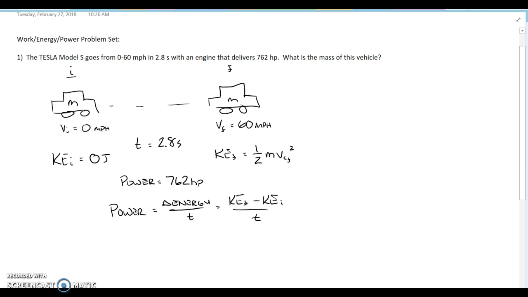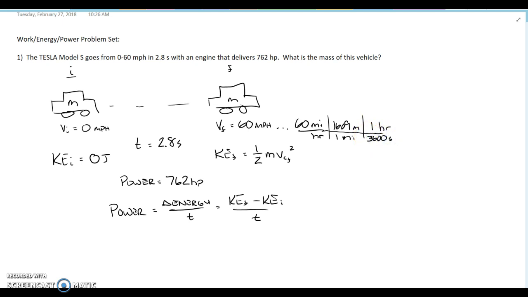We know we're going 60 miles per hour, so we actually know the velocity of the car at the end, but we need to do a little conversion. 60 miles per hour. I like to write it this way so we can set up our fence posts. 60 miles in 1 hour. And we want to convert that to meters per second. We know that 1 mile is 1,609 meters, and 1 hour is 60 times 60, or 3,600 seconds.